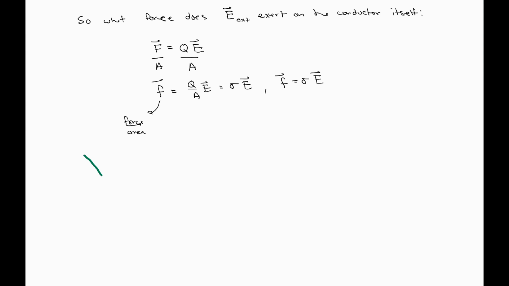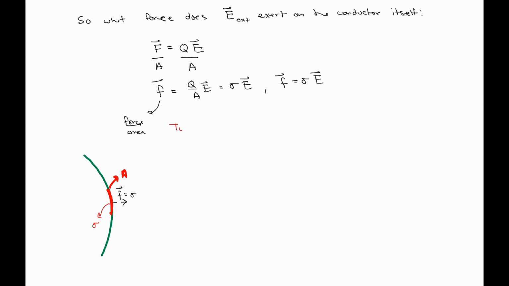So what that tells me is, if I had some kind of conductor and I took a little bit of area, then I would have a force per unit area in the same direction as the electric field, related to the charge density on my area times some electric field.